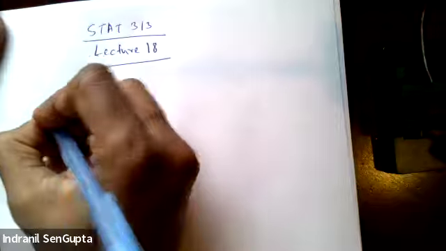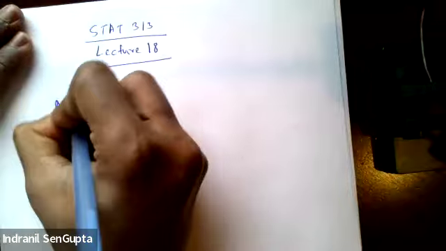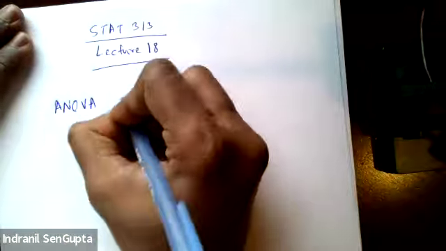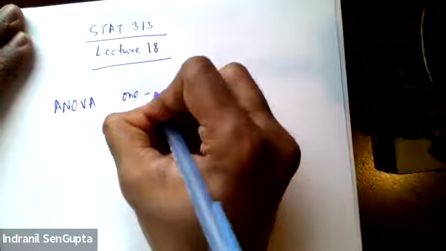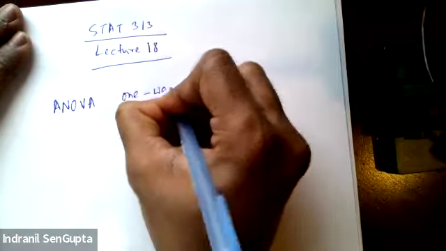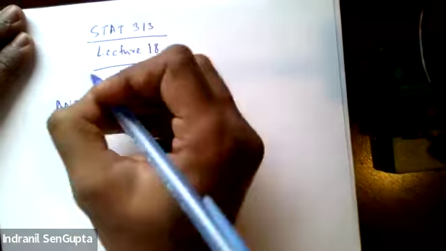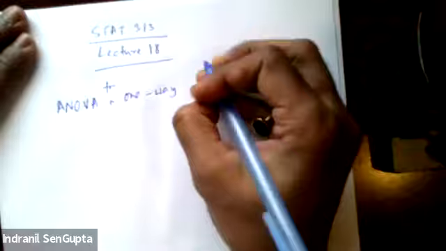So here is the first thing we'll be doing, and this is really helpful for computations. The ANOVA table: one-way ANOVA for one-way classification data.